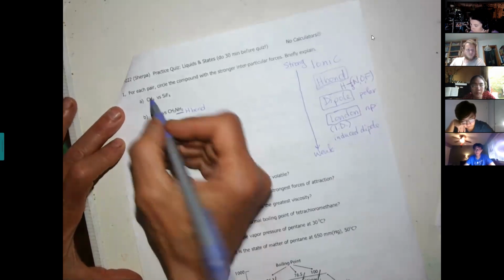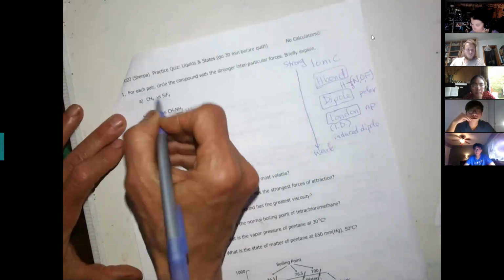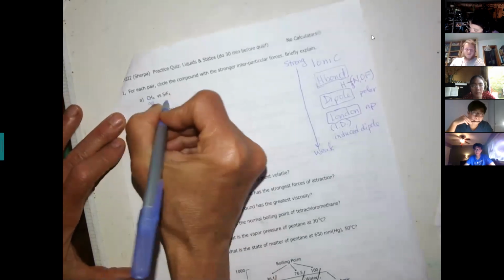All right, then our last two, the dipole is just something that's polar, and London is anytime you have something that's non-polar. And that's where you're just looking, it's a very momentary dispersion of the electrons that creates this. So like this top one, they're both non-polar. So when you see only carbons and hydrogens, nothing else, that is nonpolar.